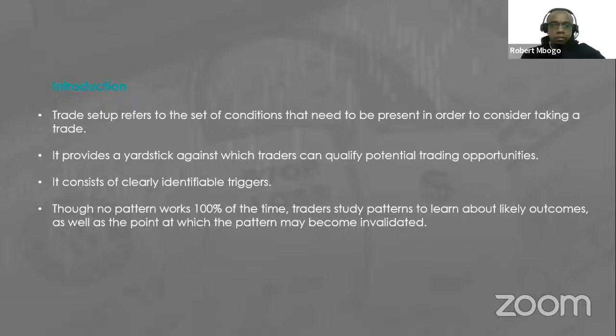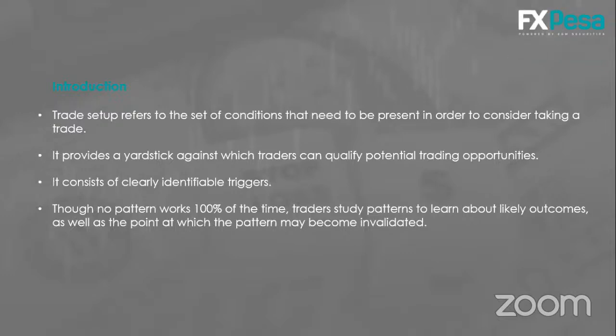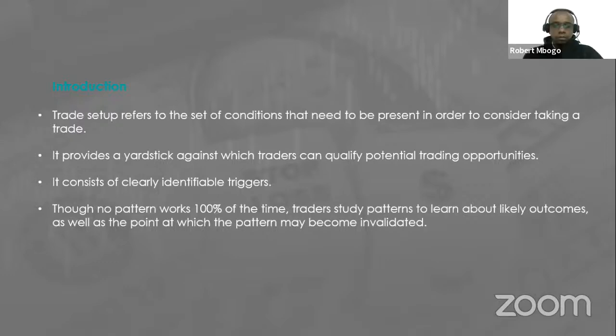If, for example, you're a technical trader, you'd have a checklist with different triggers, and once the market has presented the right conditions, you'd know that that's the right time for you to take a trade. So a setup provides a yardstick which traders can use to qualify potential trading opportunities.